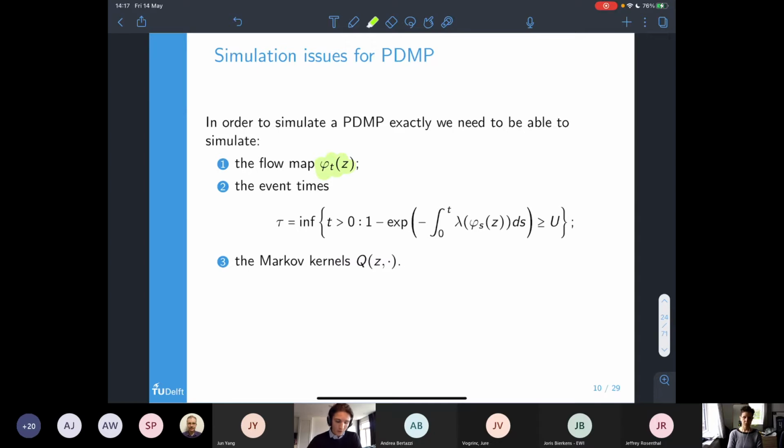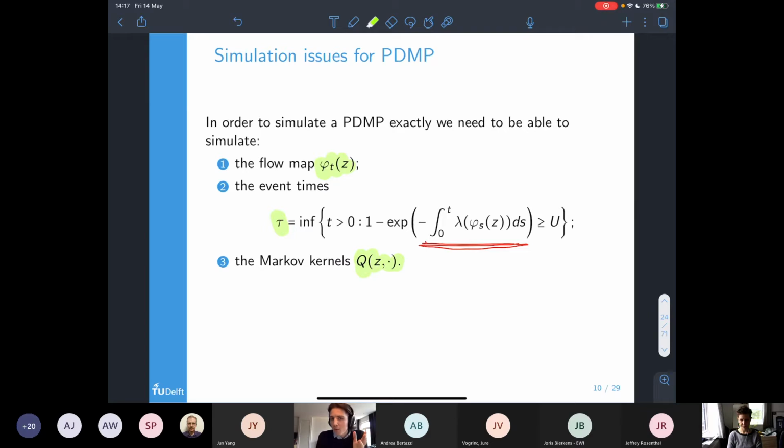Then we also need to be able to draw, to simulate these taus, these event times. And the difficulty, again, just to stress it, is here in the exponent. We have this integral that can be whatever. And third, we need to be able to compute the Markov kernel that we have to draw from at event time.